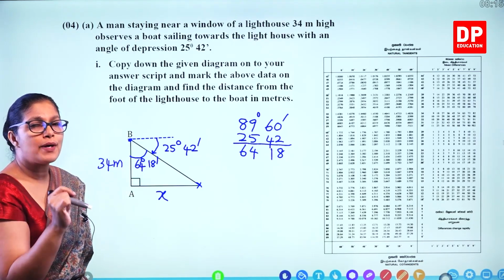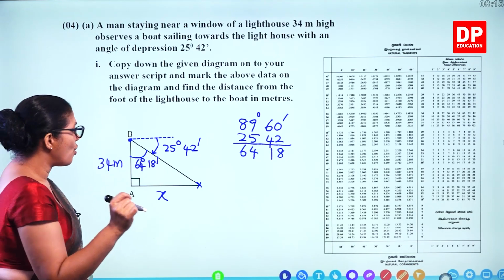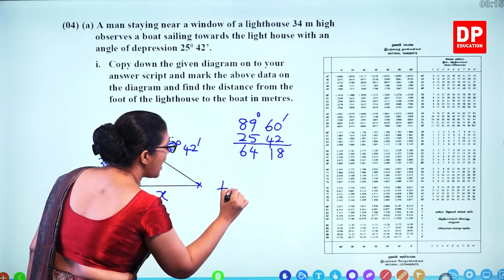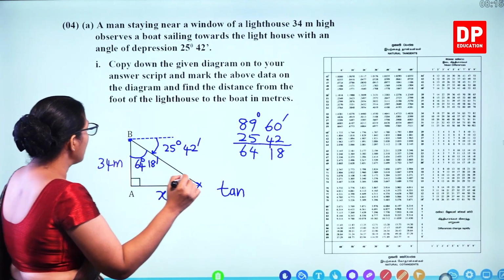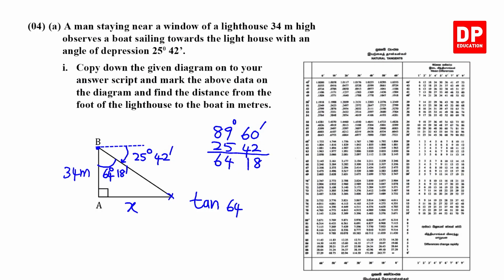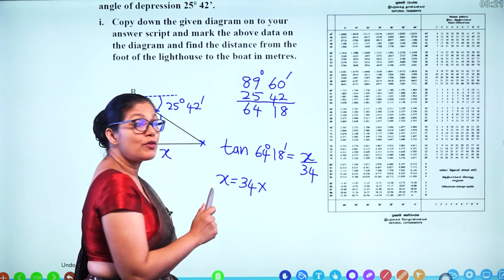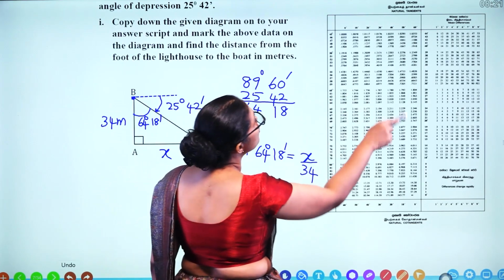So to this angle, this is opposite and this is adjacent. So what's the proper trigonometric ratio? You have to use tan. Tan of 64, 18 is equal to x over 34. So what is x? X becomes 34 times tan value. Now use the tan table, tangent table.